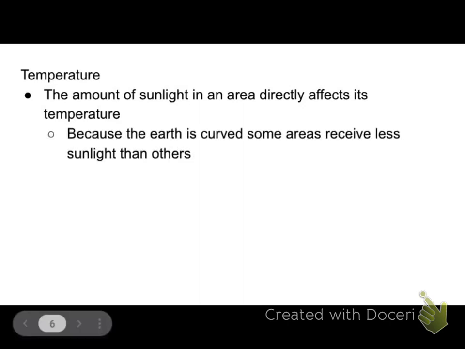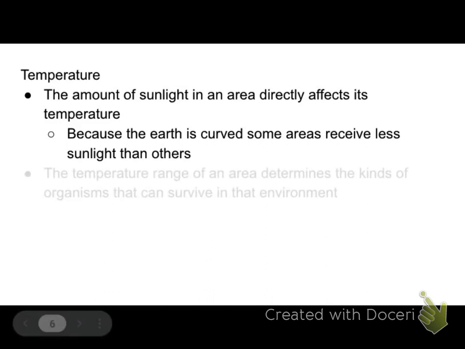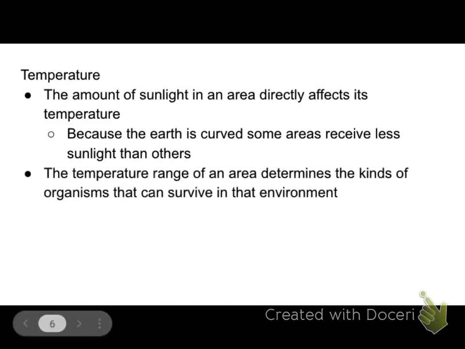And we know that because the earth is curved, some areas of earth receive more or less direct sunlight than others, which means that the areas that are curved towards the poles are going to be much cooler in temperature than the areas directly on the equator where they get most of that direct sunlight. The temperature range of an area determines the kinds of organisms that can survive in that environment.